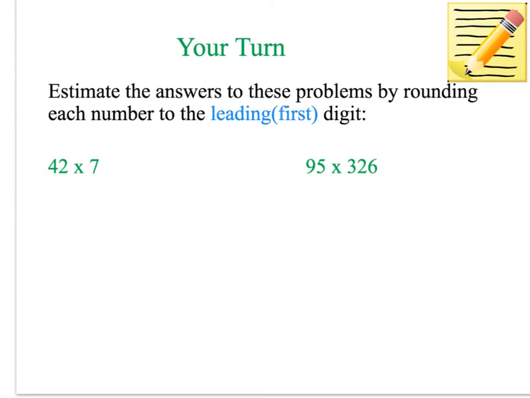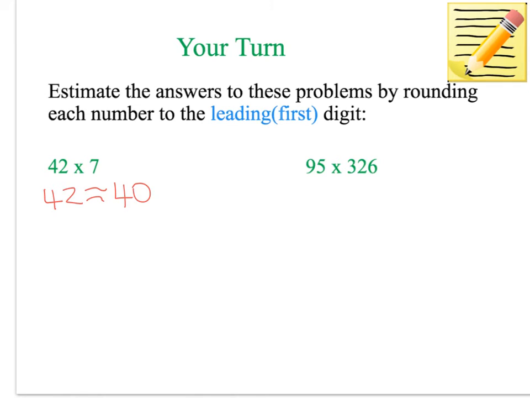All right, I'm going to do an example on the left-hand side, and then you're going to do the question on the right-hand side. So we need to estimate these answers by rounding each number to the leading, which means the first digit. Now you need to round each number, not just the first number. So in the first example, you don't just need to round 42, you need to round the 7 as well. So first of all, we'll round the numbers. So 42 is approximately equal to 40.